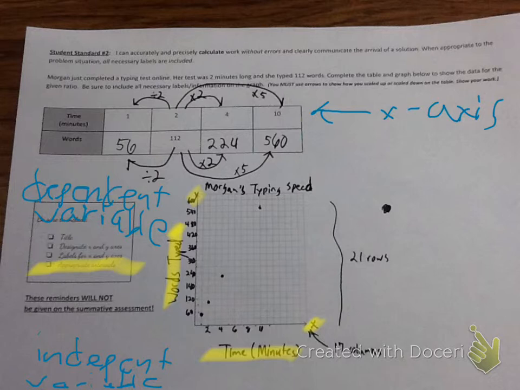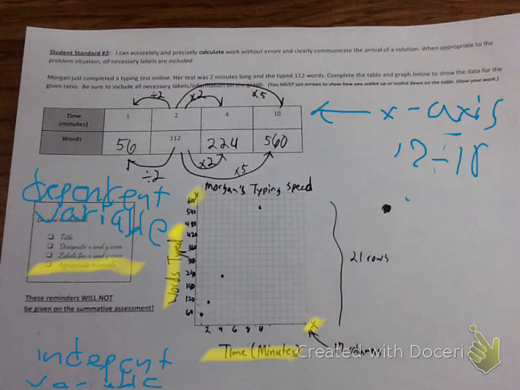Okay, so my maximum value was 10, so I needed to fill all the way up at least to 10. So if I divided 17 by 10, that would tell me the size of the interval that I needed.